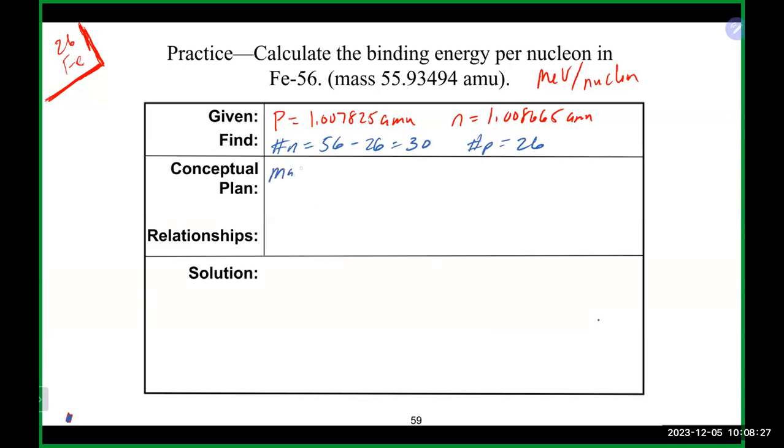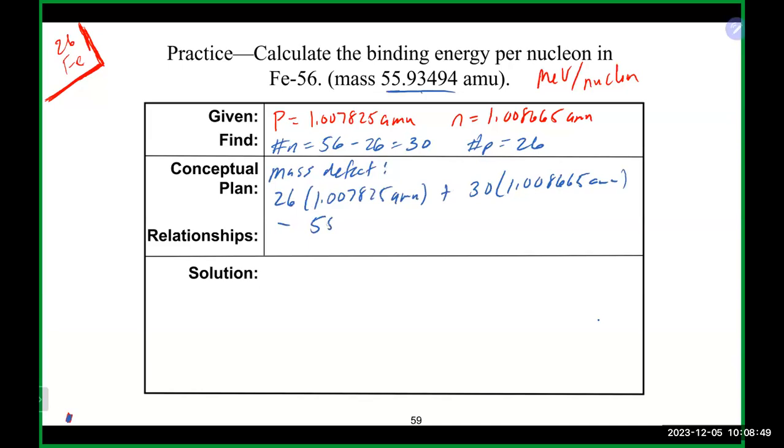To calculate our mass defect here, we're going to take each of those and multiply by the appropriate mass: 1.007825 for our protons, plus our 30 neutrons times 1.008665. All of that is subtracted from the mass of the isotope, 55.93494.